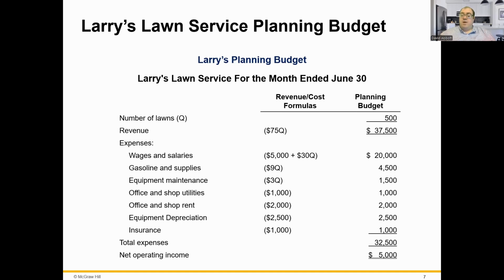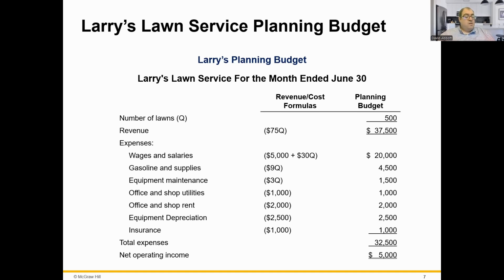Obviously, that's going to vary based upon how many lawns he's doing. If he's doing more lawns, he's going to use more gas. He's going to use more supplies, more trash bags, more line for his weed trimmer, and so forth. And the same thing with the equipment maintenance.